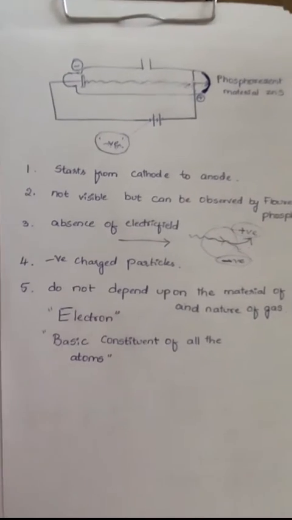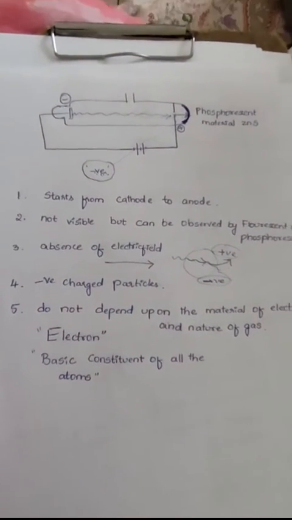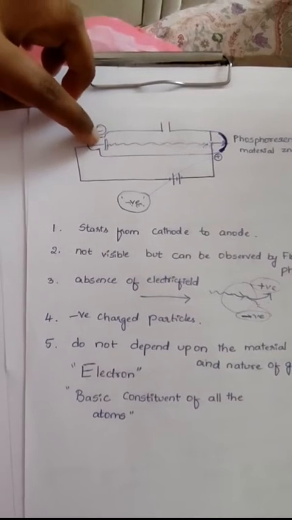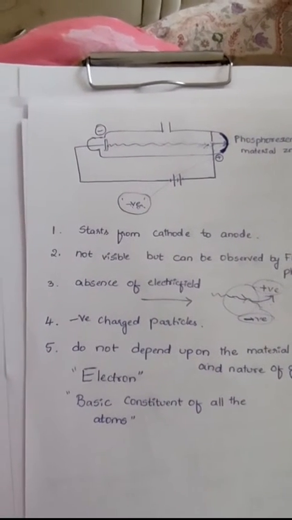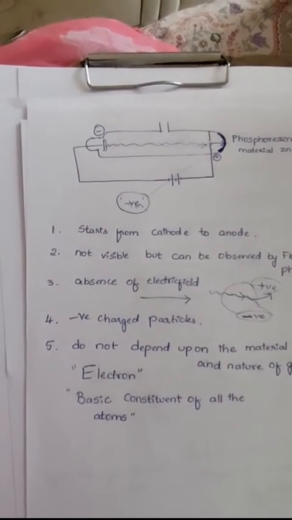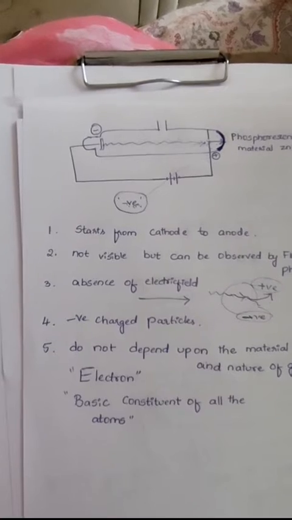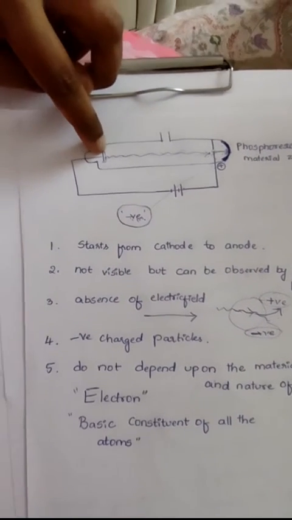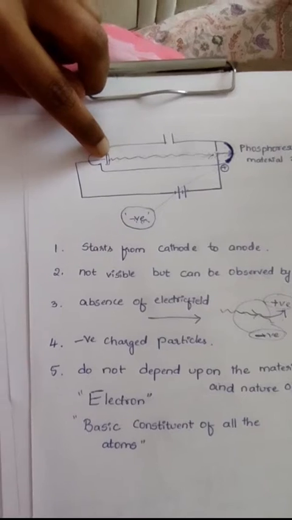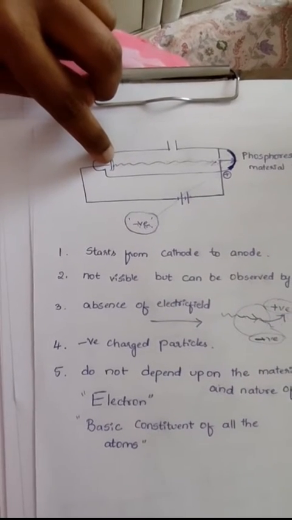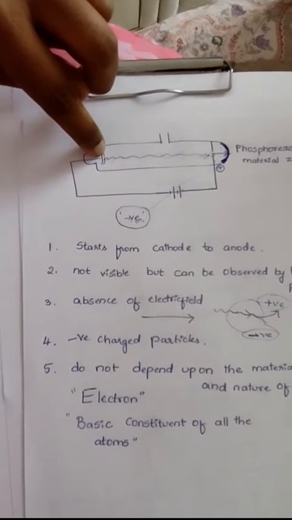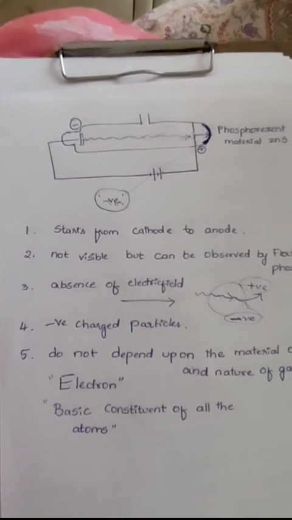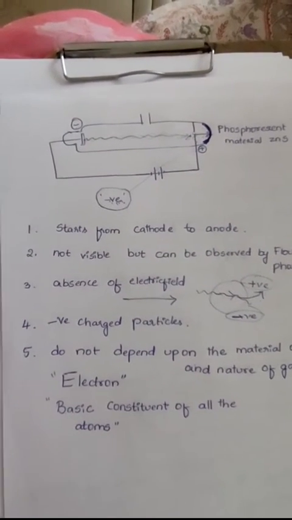So when electricity is passed through a gas at very low pressure and high voltage is applied, we can observe the discharge from the cathode. Very importantly, please remember that these cathode rays are not the current or electricity we are passing.